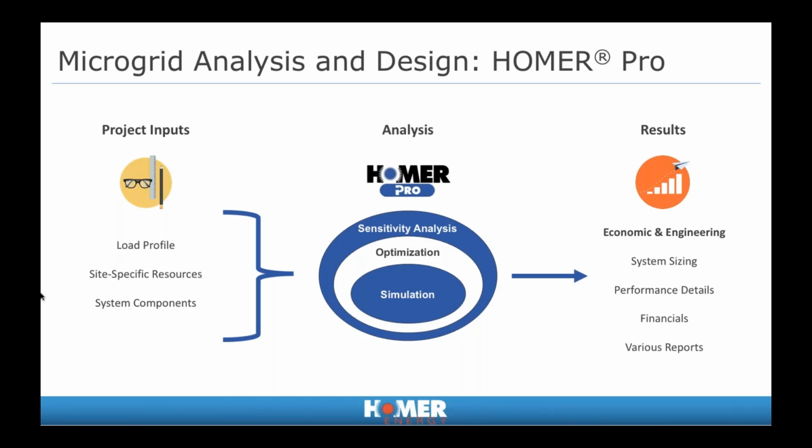Lastly, we choose our system components. Now, we have a library of over 300 components that we're updating on a daily basis. And from that, you can choose things like your PV choices, your wind turbine, storage, controllers, or even connecting to the grid. You fill in all those things that are available to you as part of your project inputs.